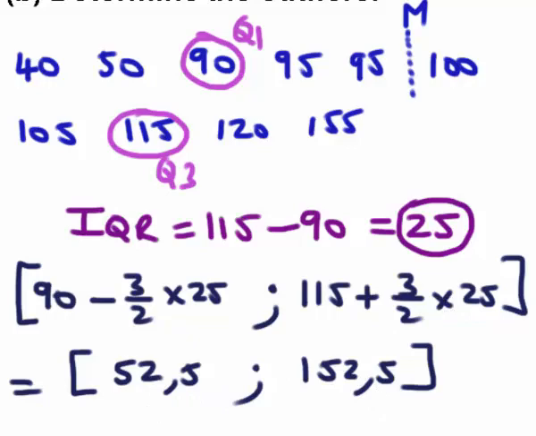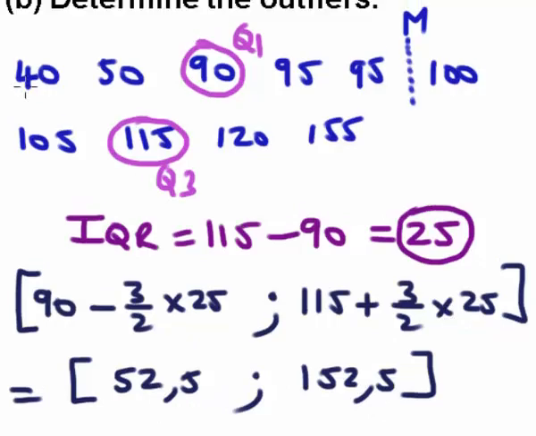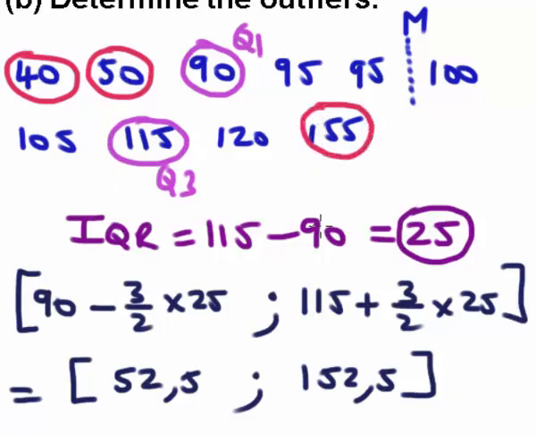Now, which scores fall outside of that? Well, 40 is definitely outside, so let's circle him. 50 is also going to be very much outside. They're too small. And then what about 152.5? Well, 155 is definitely bigger.